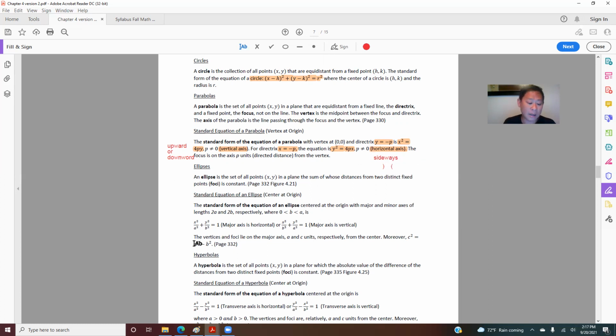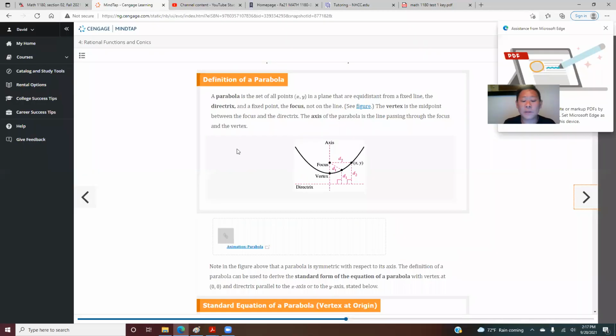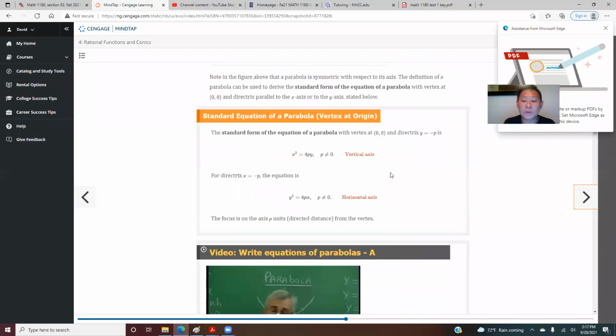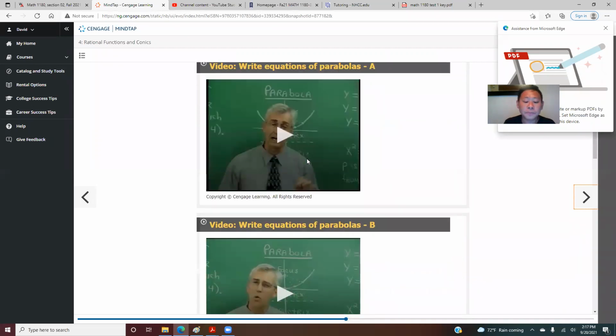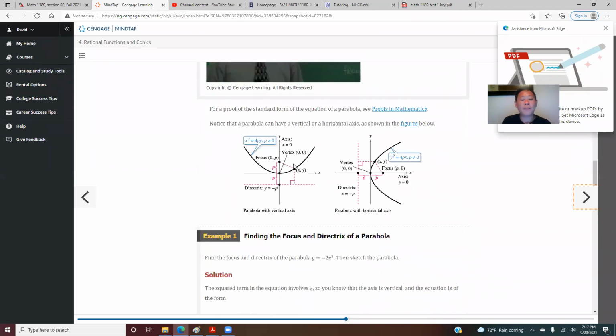Okay. If you look at your textbook, it has a very nice picture here. This is the one that I'm talking about. So this is what happens to your parabola. This one opens up and down, x squared equals 4py. This one opens this way. And as you know, the distance from your focus to your vertex is the same as to your directrix.